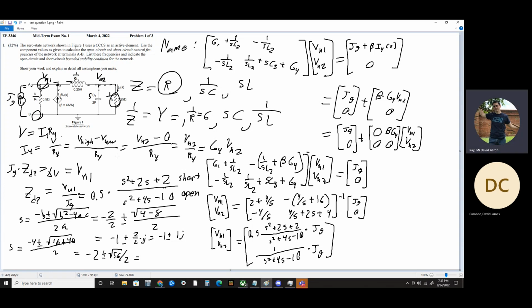And if I put that in a calculator, negative 2 plus square root of 56 divided by 2, that's going to be 1.74166, comma, and then whenever you do subtraction, negative 5.74166.